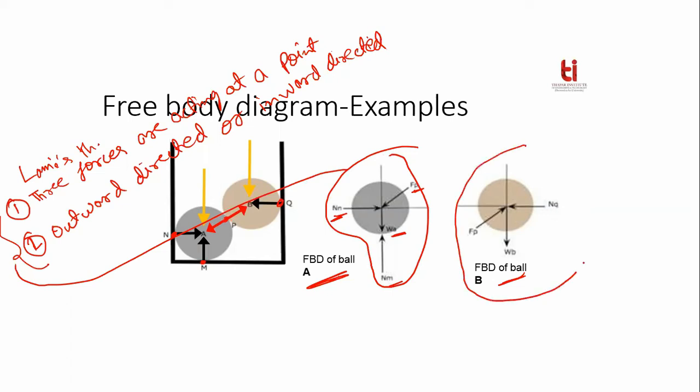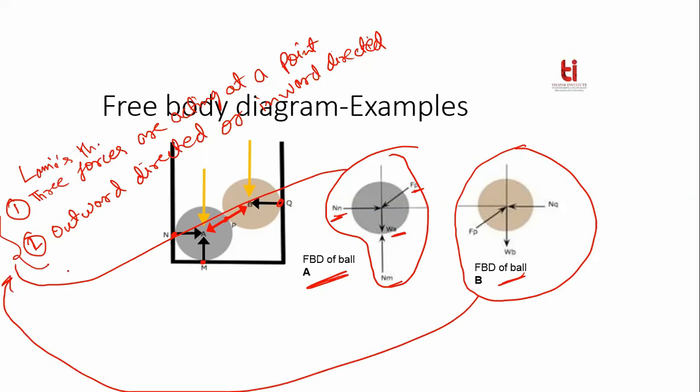If you are applying Lami's theorem on this FBD, again check whether these two conditions are satisfied or not. So tell me whether you can apply Lami's theorem on this problem or not. For the FBD at point A, can you apply Lami's theorem? No, sir.